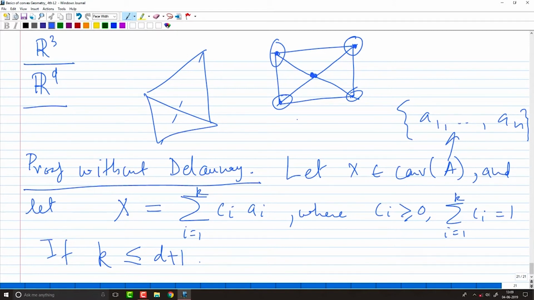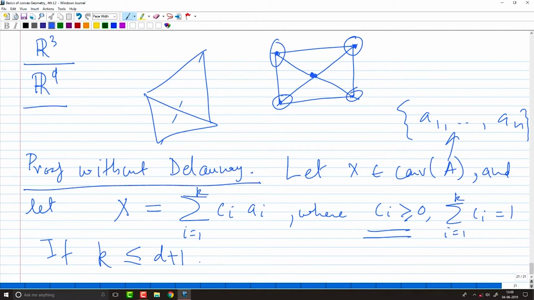Use the one that uses the least number of points. If I assume that, can a Ci be 0? So, let us say this is the minimal representation. Can any of the Ci's be 0?